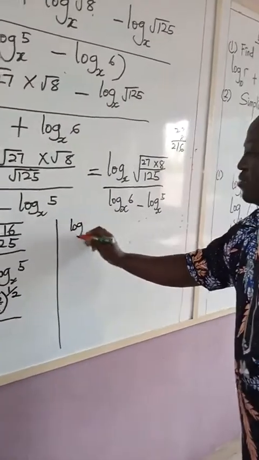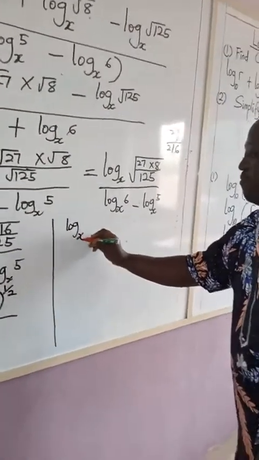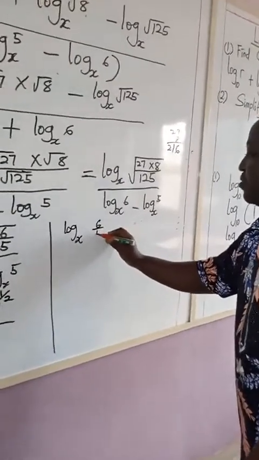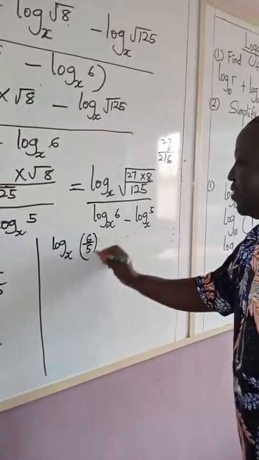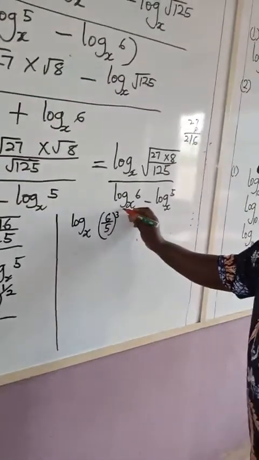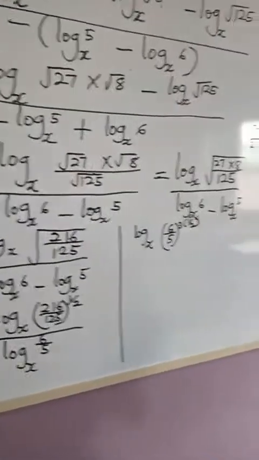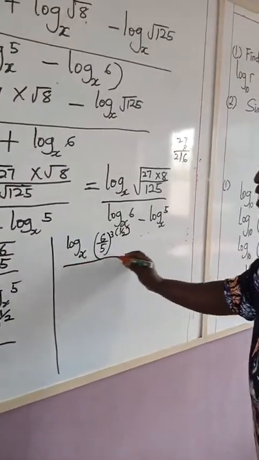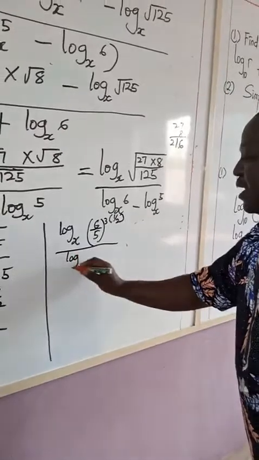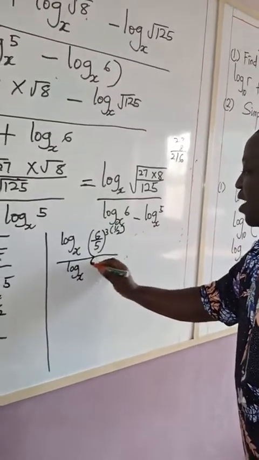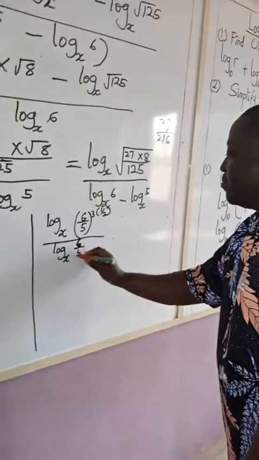Then this becomes logarithm in base x of 6 over 5 raised to power 3, then raised to power 1 over 2 originally here. Then all over logarithm in base x of 6 over 5.